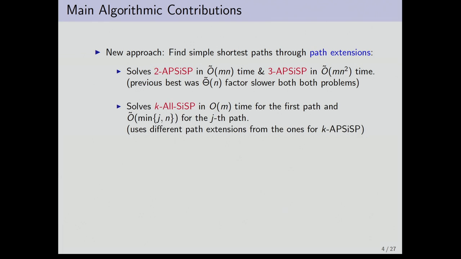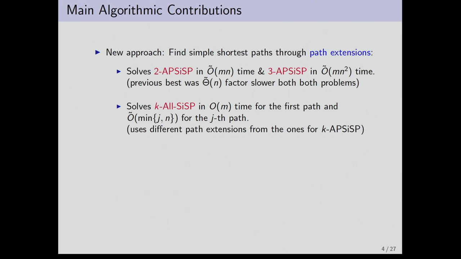Then we use path extensions in a different way to come up with a very efficient algorithm for enumeration of simple shortest paths. So we solve k all SISP, that is generating simple paths in the graph in non-decreasing order of weight, where we spend O of m time for the first path, and that's inevitable because the shortest path in the graph is just an edge of minimum weight.